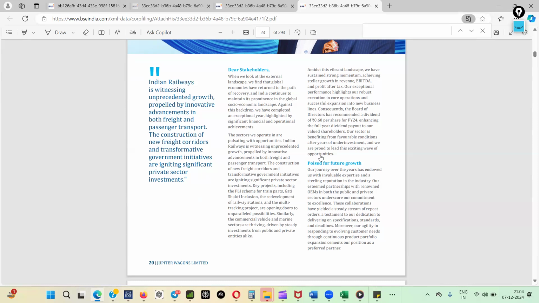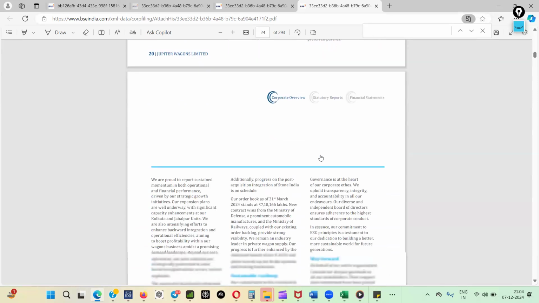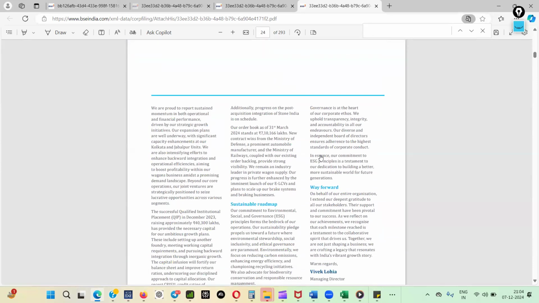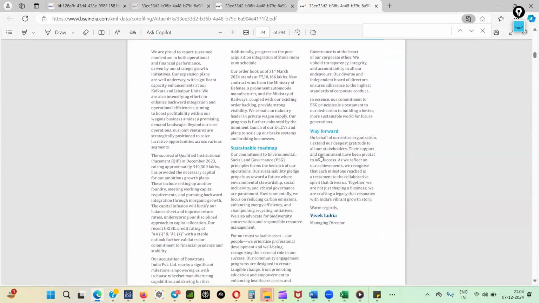Our esteemed partnership with renowned OEMs in both the public and private sector underscores our commitment to excellence. So he's talking about all the developments, what is going on, and the future. It's a general discussion. They have done a QIP of this much, all the information.